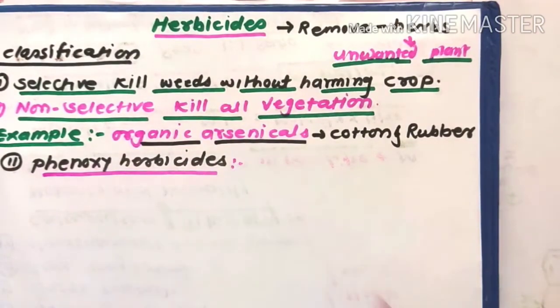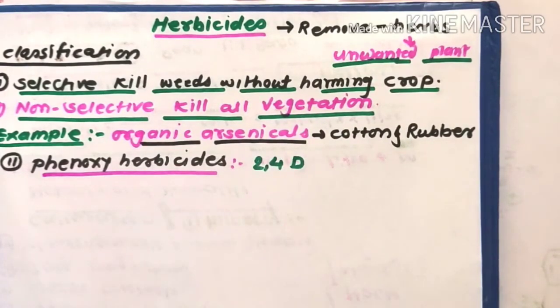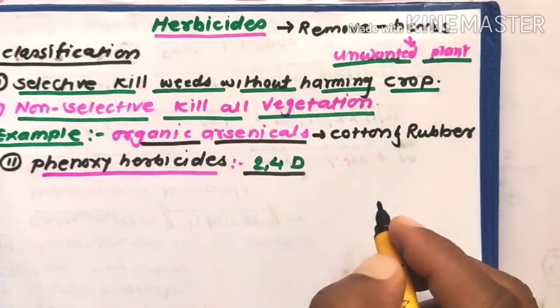In this there is use of 2,4-D, that is 2,4-dichlorophenoxyacetic acid, and 2,4,5-T, that is 2,4,5-trichlorophenoxyacetic acid. These are selective systemic post-emergence herbicides which are used to control broadleaf weeds in the cereals. 2,4-D is also commonly known as 2,4-D, and the second one is 2,4,5-T.